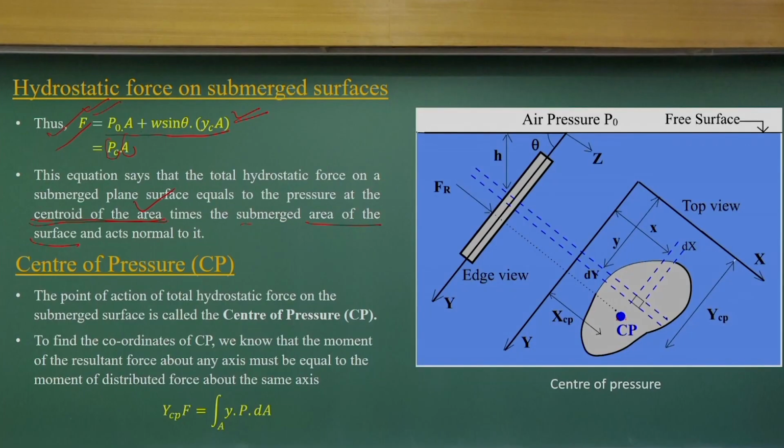In this case we have considered a single liquid with constant rho 1, but if you have multiple liquids, liquid 1 and liquid 2, they will have different densities, and to find the pressure force acting on this, you need to do the integration: find the element area, integrate from one liquid to another liquid, and find the total force acting on it. The pressure diagram changes when you have two fluids with different densities. So you will have different pressure diagrams, and that is what you have to consider, and in that case you have to do integration.